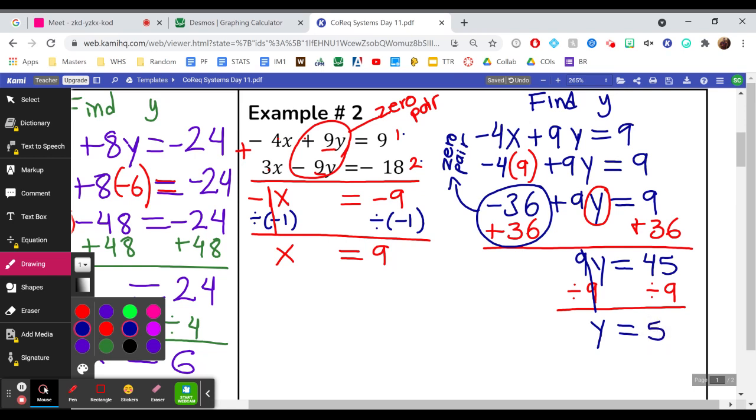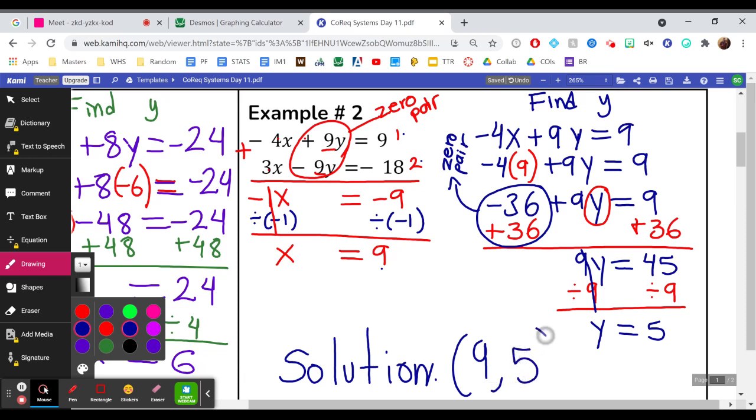That's 5. That means that my solution is the value of x, which is 9, and the value of y, which is 5. And that is the solution for the second example.